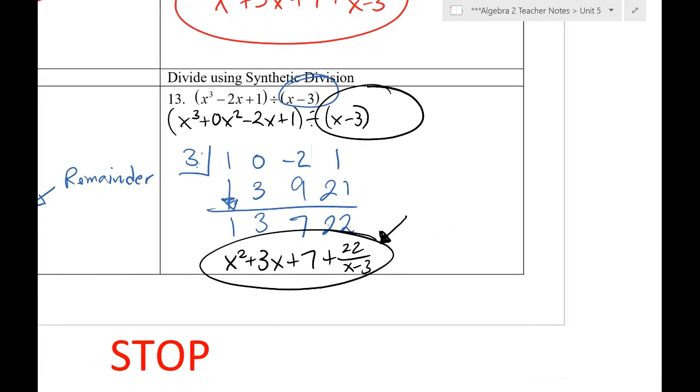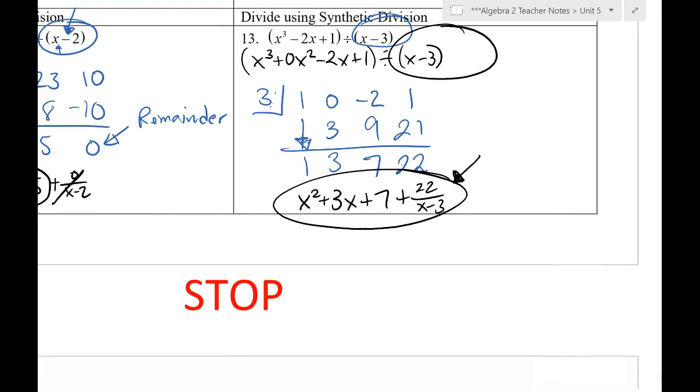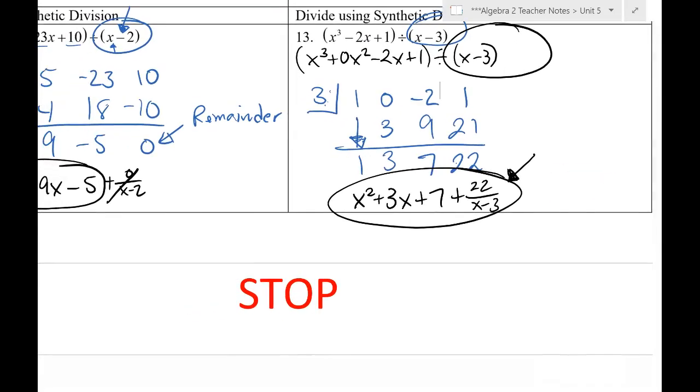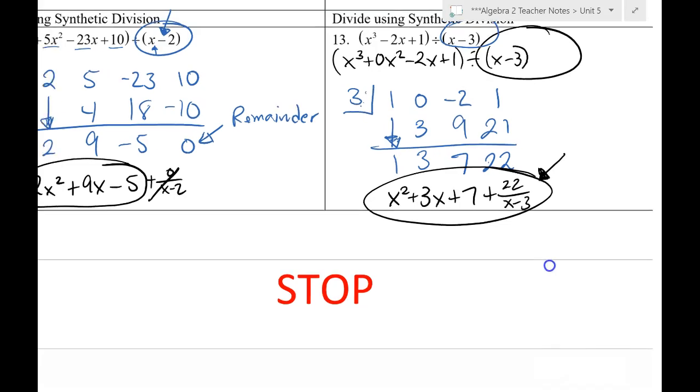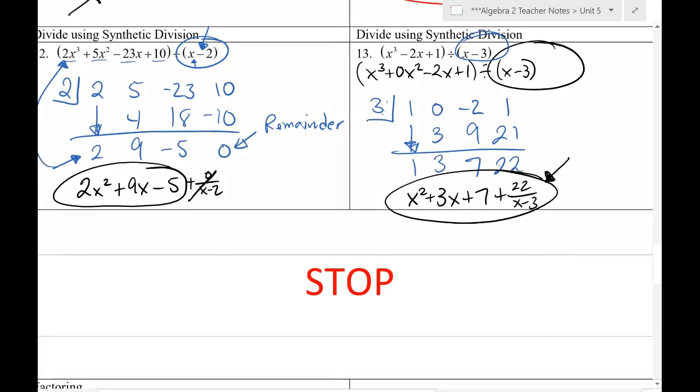Now, just a reminder, as I included in your notes, in 6th period, I believe I missed this, I apologize. The reason we even do dividing like this, or the result of it, I should say, what it actually tells us is that whatever we divided by, so the problem on the left, we divided by x minus 2, and the problem over here, we divided by x minus 3.